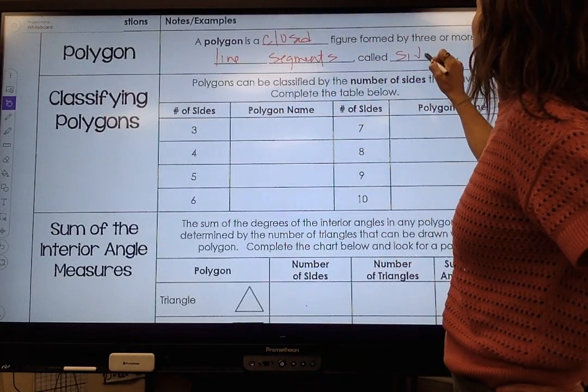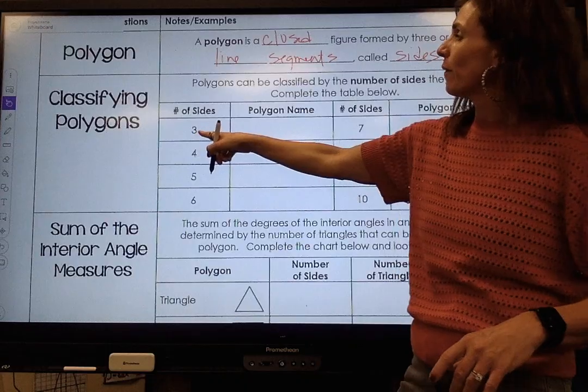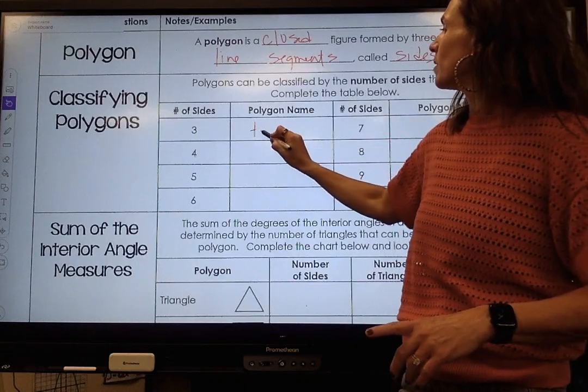called sides. Now, we already know that when you have 3 sides, the polygon name is a triangle.